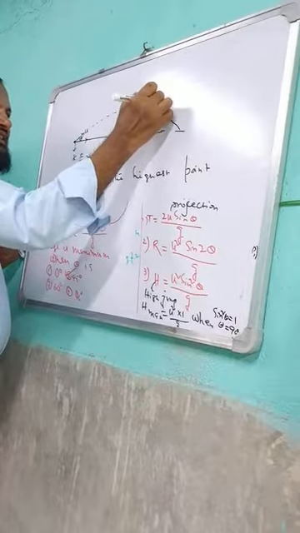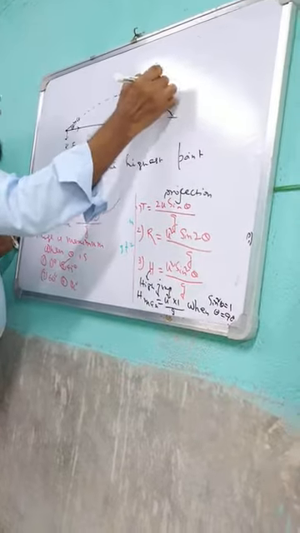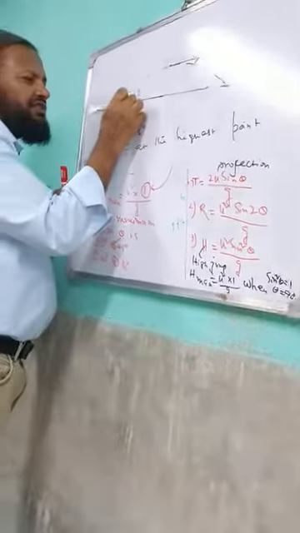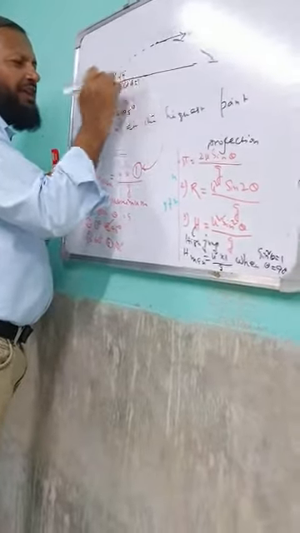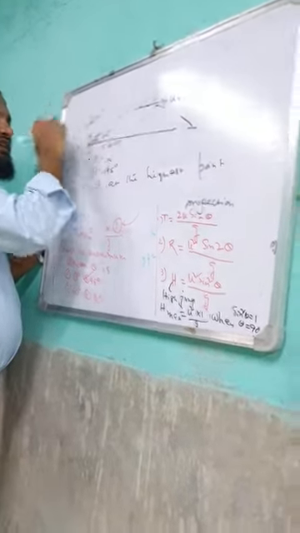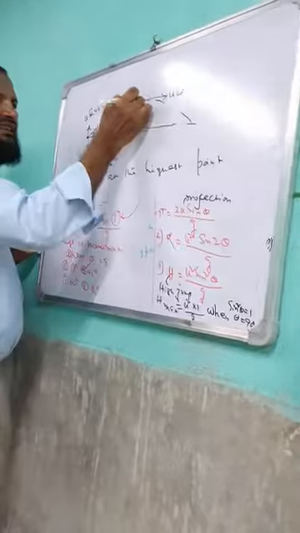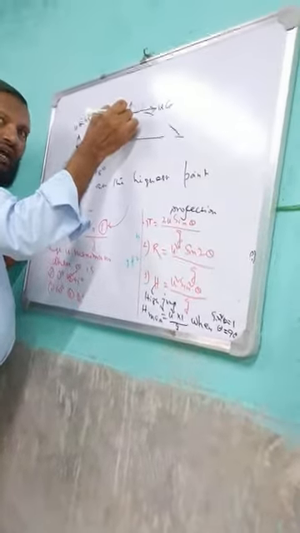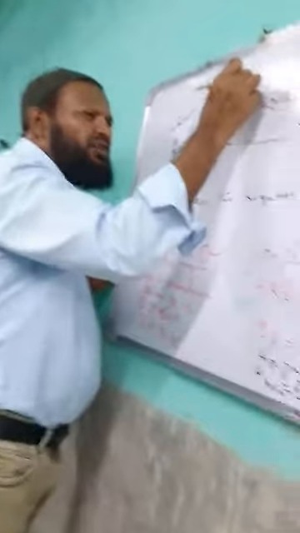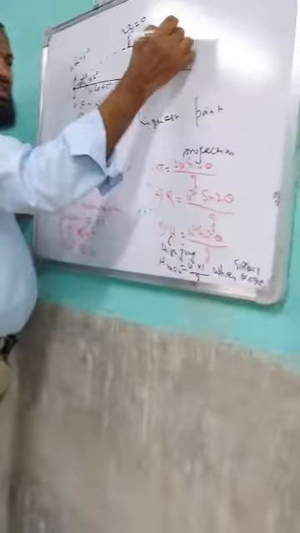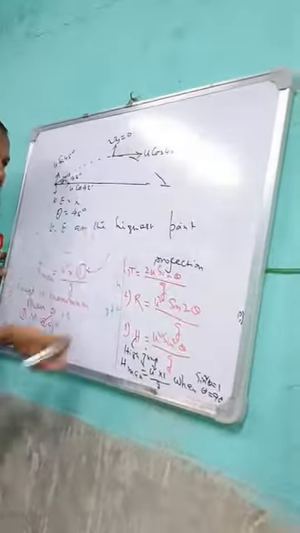Here this is u cos 45 degree, and this is u sin 45 degree. Since this is the highest position, Vy equals 0, but this is u cos 45 degree.